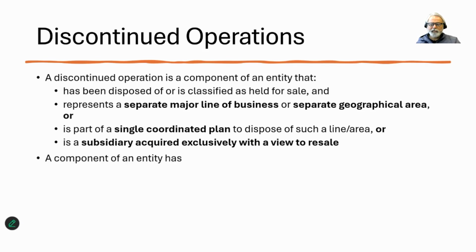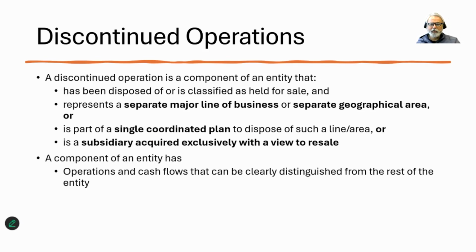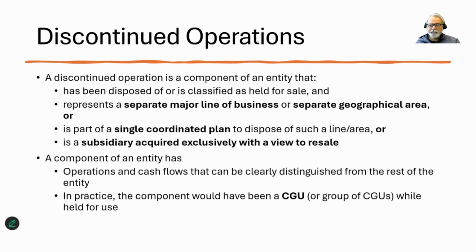So a component of an entity basically has operations and cash flows that can be distinguished, separated from the rest of the entity. So the practical outcome is the component would need to have been a CGU, a cash generating unit, or a group of CGUs while it was being used. So it cannot be a single asset. You cannot consider a single asset as a discontinued operation.